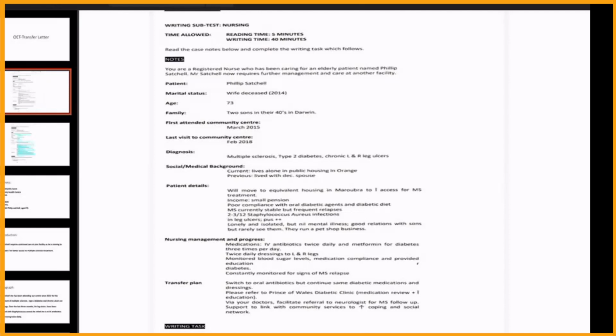Mr. Satchel has been attending our center since March 2015 for the treatment of multiple sclerosis, type 2 diabetes, and chronic ulcers on both legs. Then we have written the background saying that this patient has been attending our center for all these treatments.